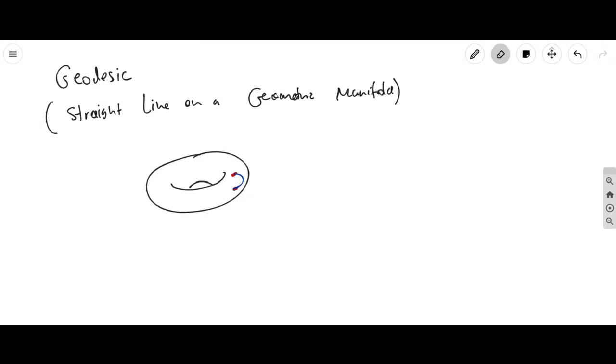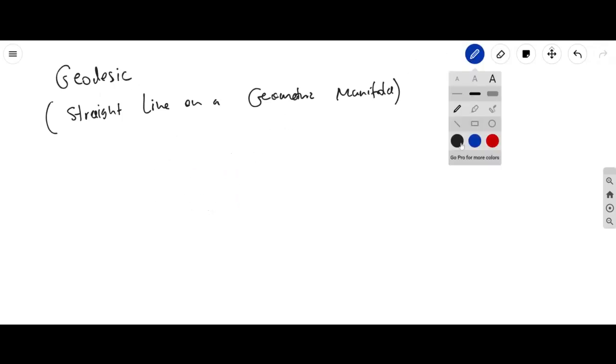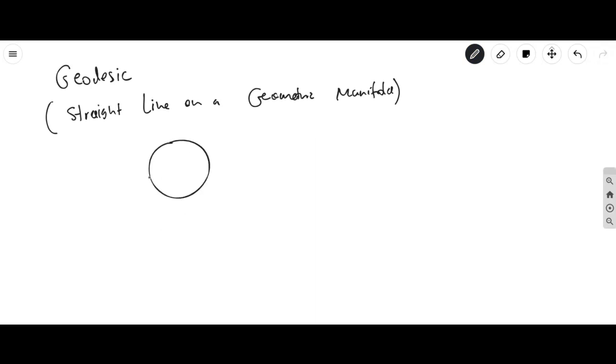So in geometry, we talk about straight lines. But this is basically the analog of a straight line. Okay? And now the interesting thing that happens is geodesics may not necessarily exist, or they might be more than one. So if we go to the sphere, and I was to ask you, what's the geodesic from those 2 points?